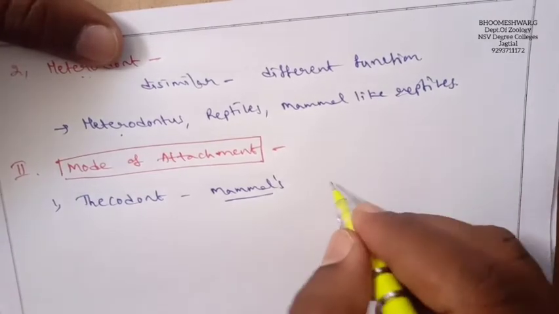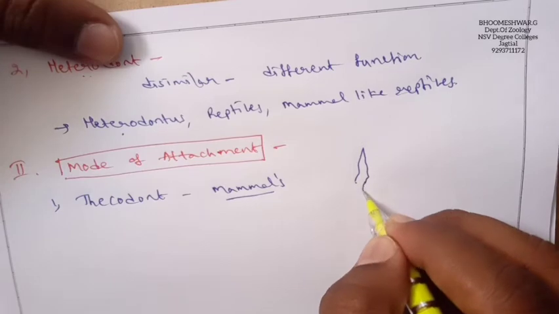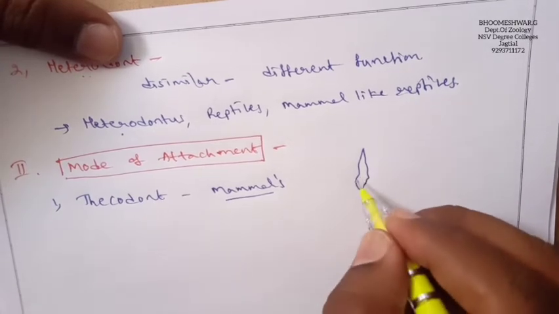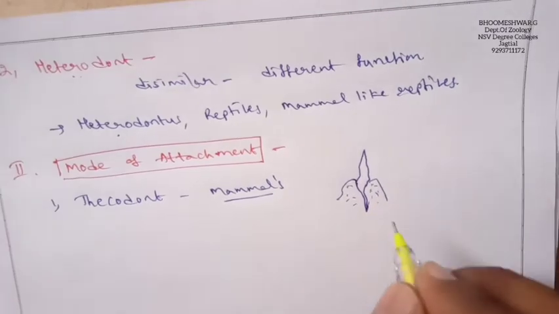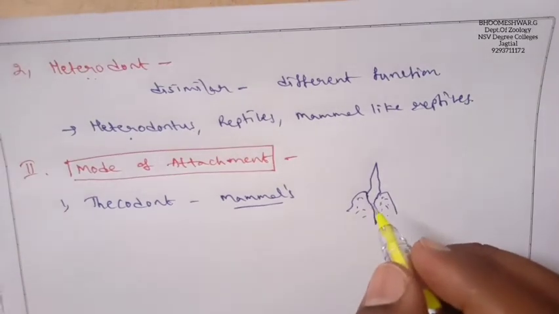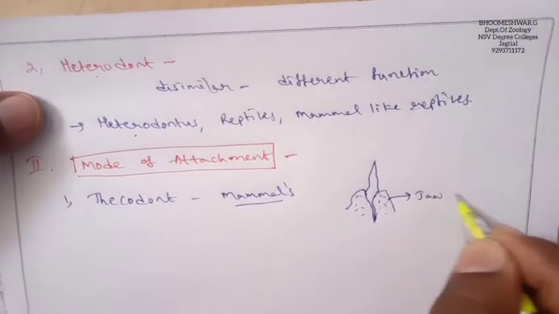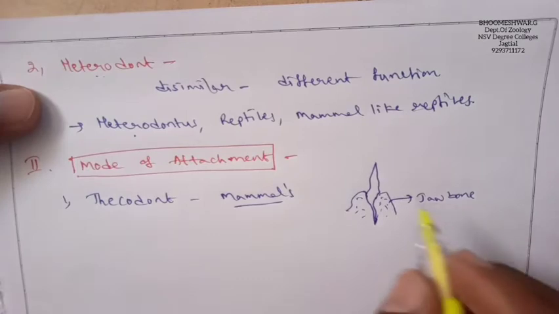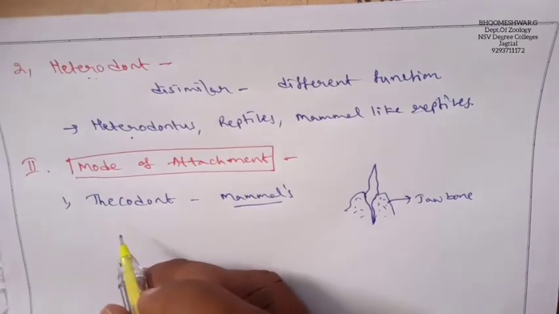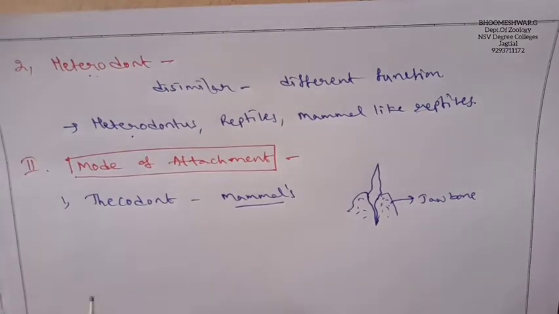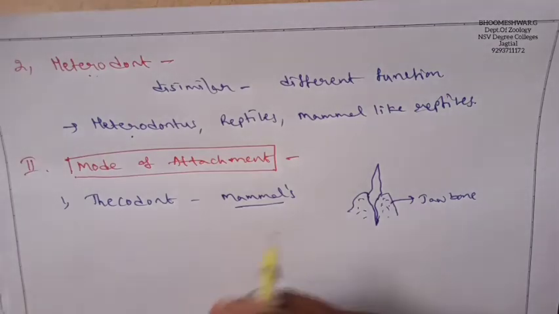Here is the dentin part, and the remaining root is situated in the sockets or alveoli of the jawbone. This type of condition is named thecodont, and it is well seen in mammalians.